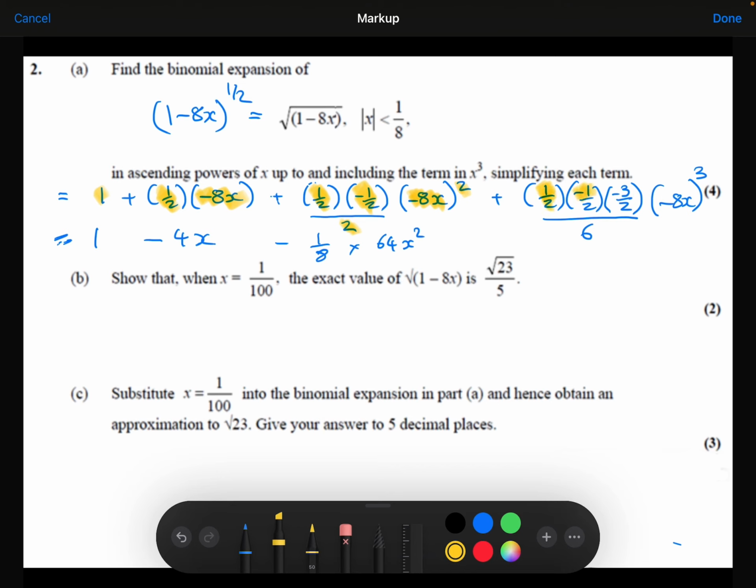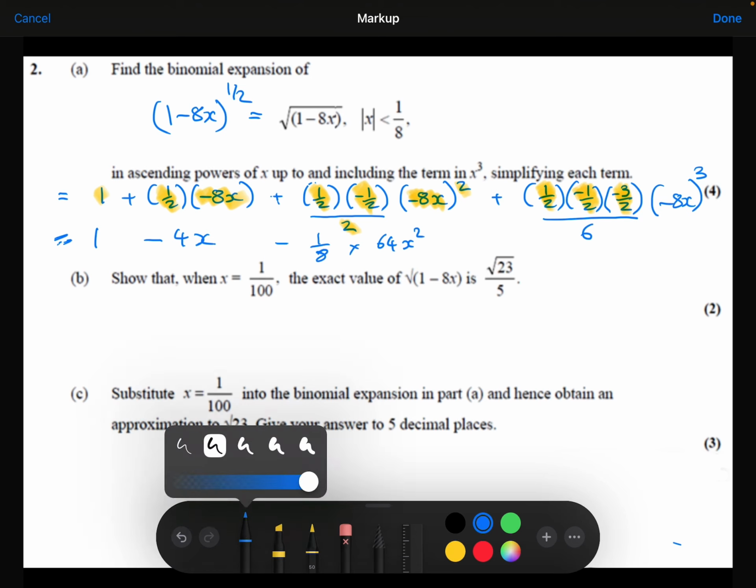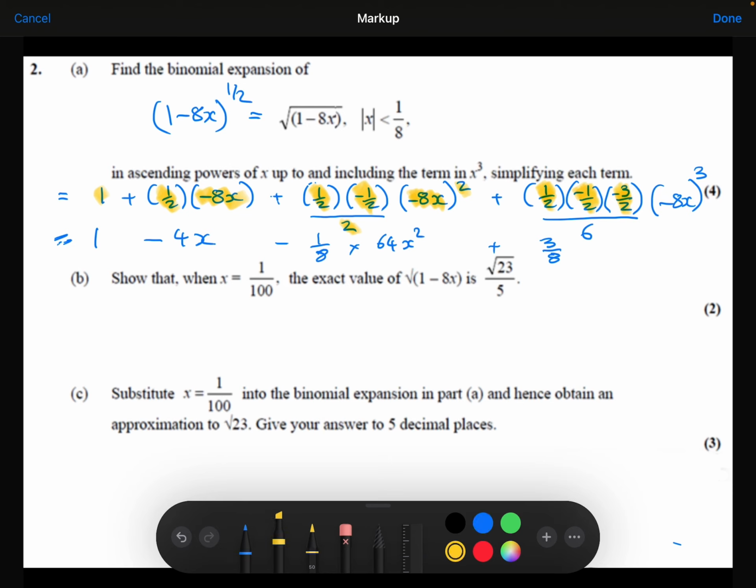1/2 times minus 1/2 times minus 3 over 2. So the two negatives will make a positive. The 1 times 3 will be 3. And then the 2 times 2 times 2 will be 8. But then that has to be divided by 6.